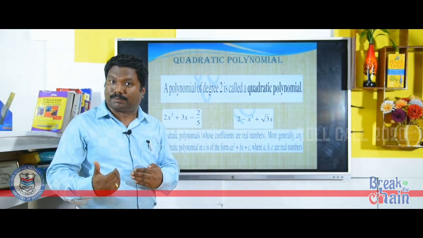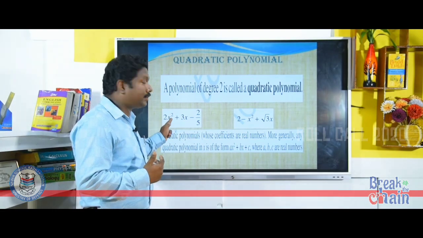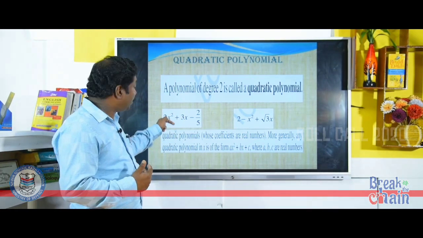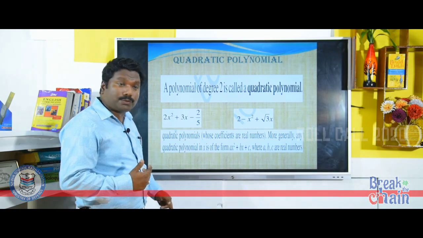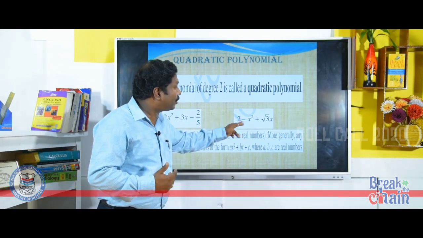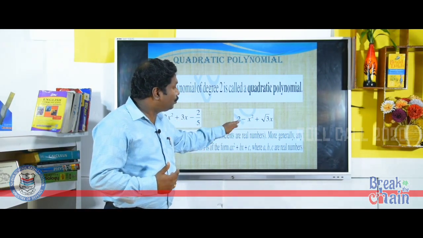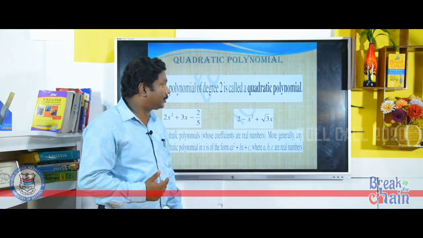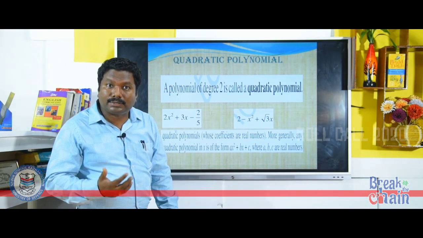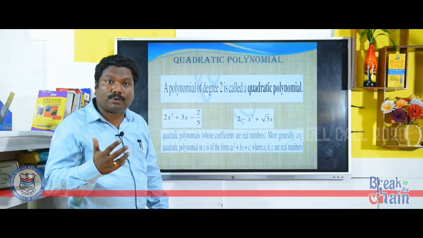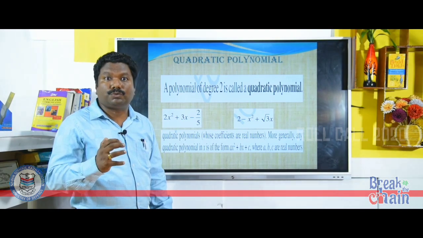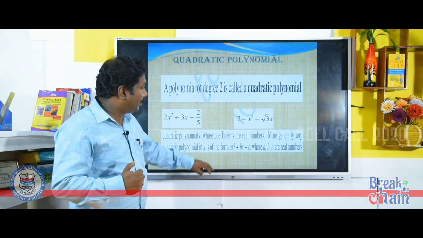Degree means the highest power. Here the highest power is 2. In 2x square plus 3x minus 2 by 5, the highest power of x is x square, and likewise in 2 minus x square plus root 3x. So a polynomial of degree 2 is called a quadratic polynomial.